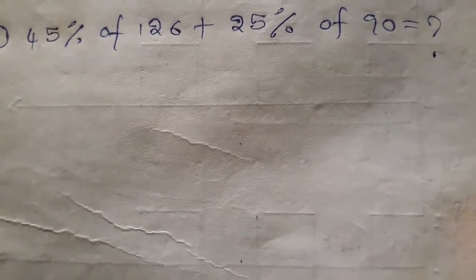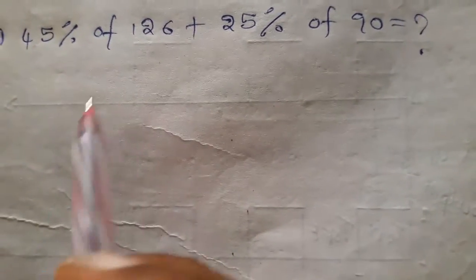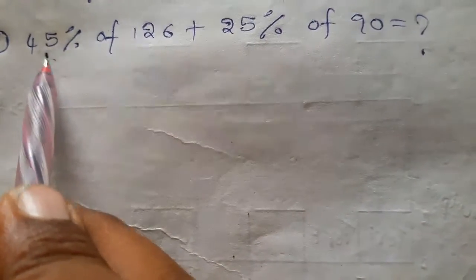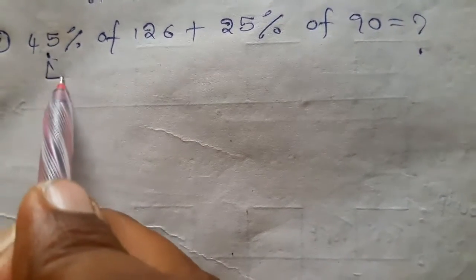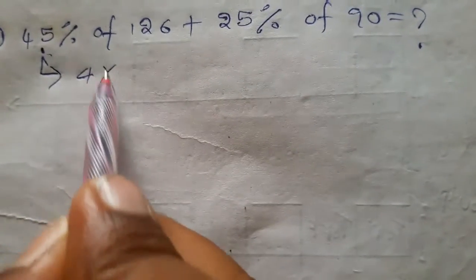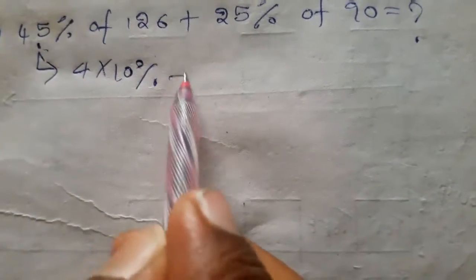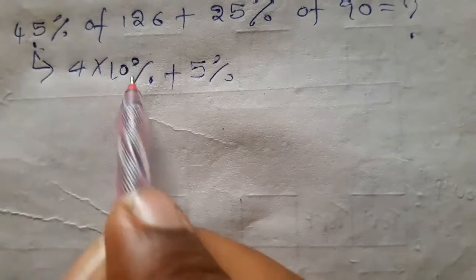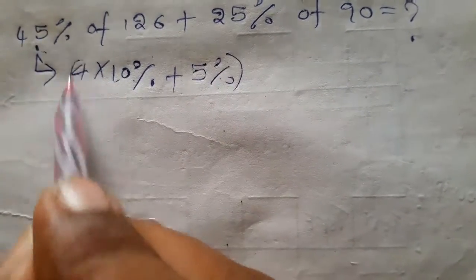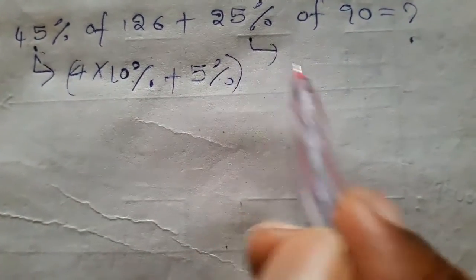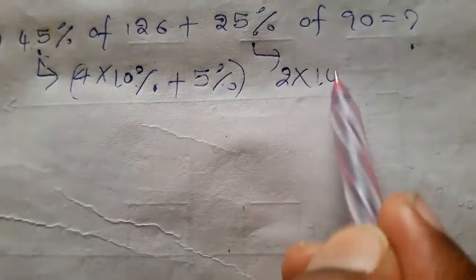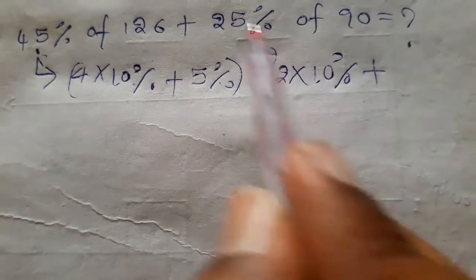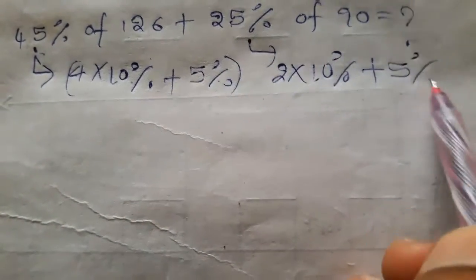That means this one. See, this 45% can be split as 4 into 10% plus 5%. So 4 tens are 40, 40 plus 5 means 45. And this 25% can be split as 2 into 10% plus 5%, isn't it?